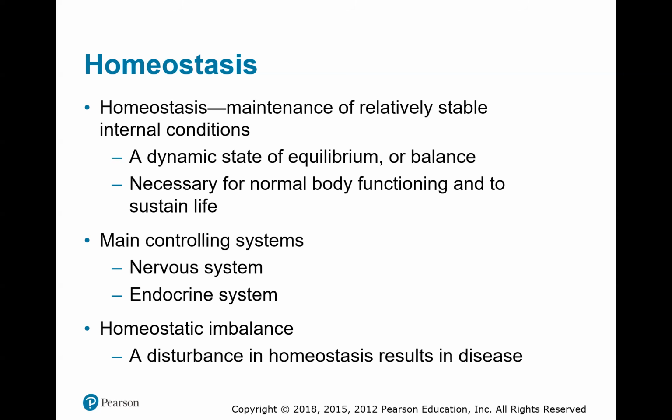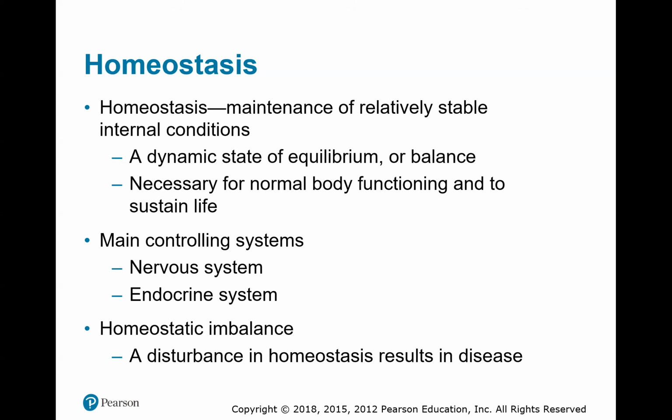And our bodies spend so much time trying to keep this homeostatic balance. It is necessary for normal body function, and it is essential to sustaining life. If you are not in homeostatic balance, this can cause a variety of disorders, diseases, and it can actually result in death.